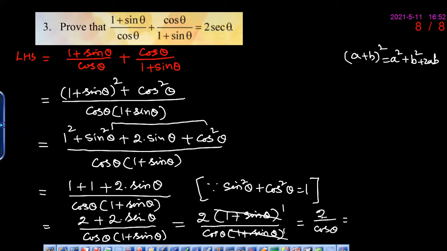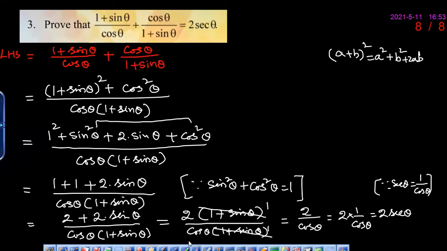2 upon cos θ means 2 into 1 upon cos θ. 1 upon cos θ is nothing but sec θ. So 2 into 1 by cos θ is nothing but 2 into sec θ, since sec θ is equal to 1 by cos θ. Therefore we got the RHS, so LHS is equal to RHS.